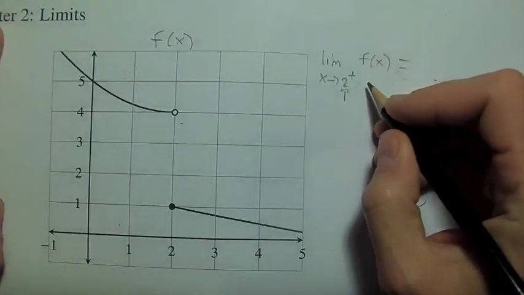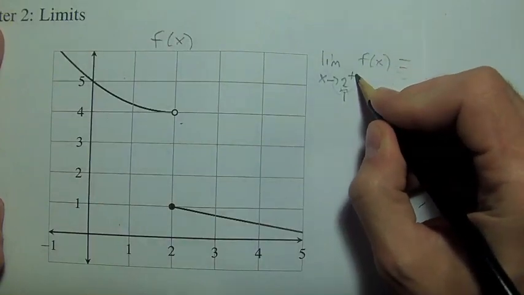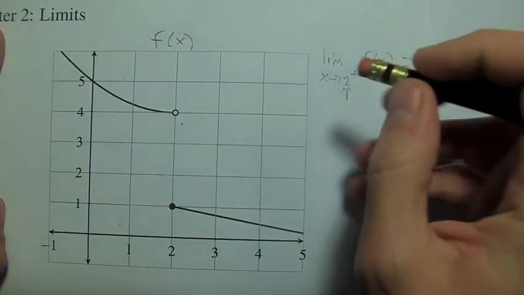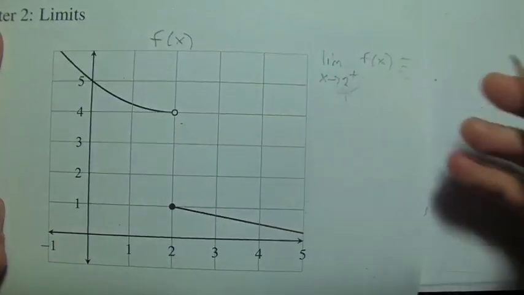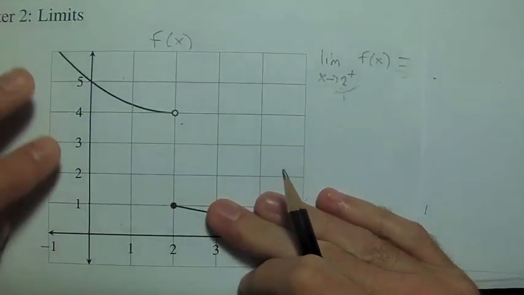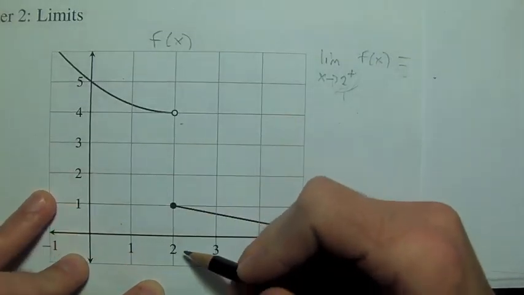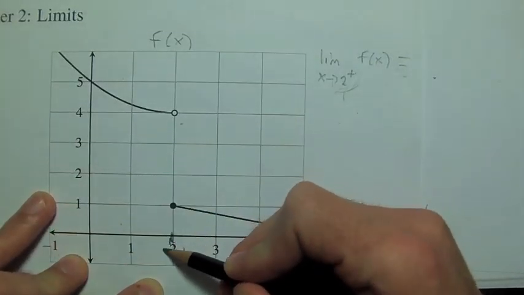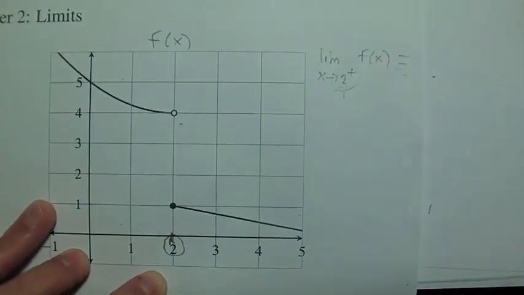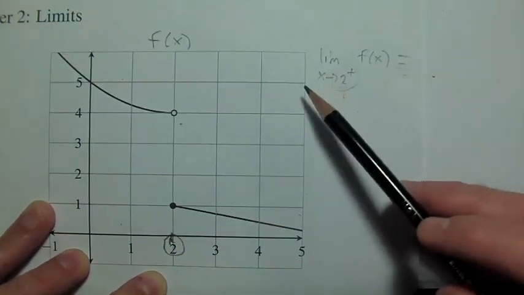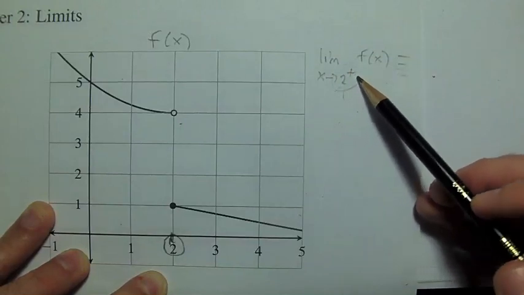Then what direction are you coming from? Well, positive means you're coming from the right, from the positive side, right? So first we go to the x value we're looking at. That's right here. We're looking at x when it gets closer and closer to 2. Now, this guy is from the right.